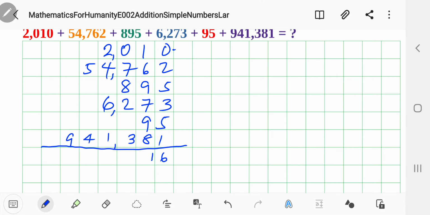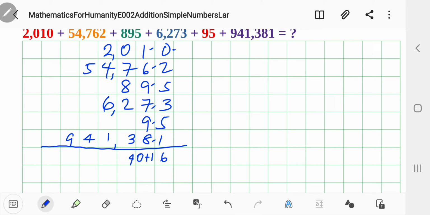Then you now add the second column. Starting with 1 plus 6 is 7, 7 plus 9 is 16, 16 plus 7 is 23, 23 plus 9 is 32, and 32 plus 8 is 40. So you write 0 here and 4 here, and you have to write the plus sign.